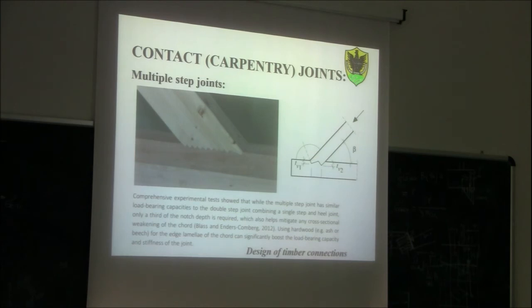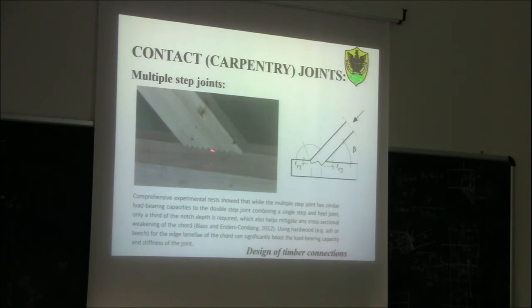Now, just to show you some interesting new applications, based on some recent studies, they found out that this kind of multiple step joint has an excellent behavior. So it's much better to have a multiple step joint than only a single step joint or a double step joint.